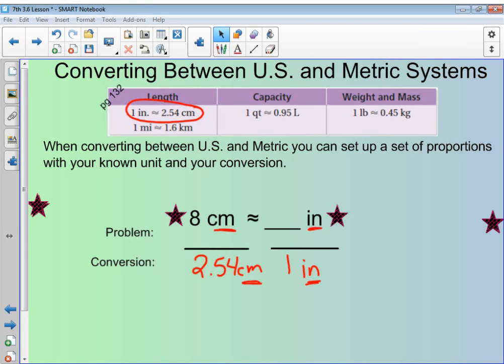So cross multiply divide, well, 1 times 8 is 8, so I end up taking 8 divided by 2.54. And when I do that, I get 3.149, so 3.15, 3.2 rounded. So if I was doing a multiple choice test, I'm going to look for that number that's around the 3.1, 3.2 range.